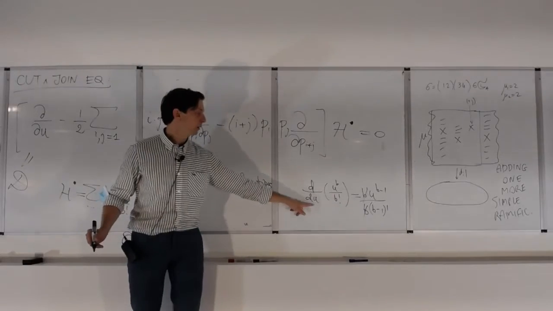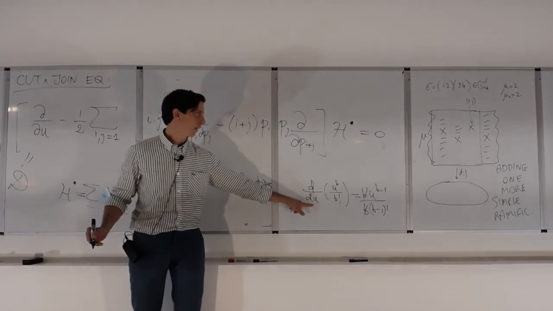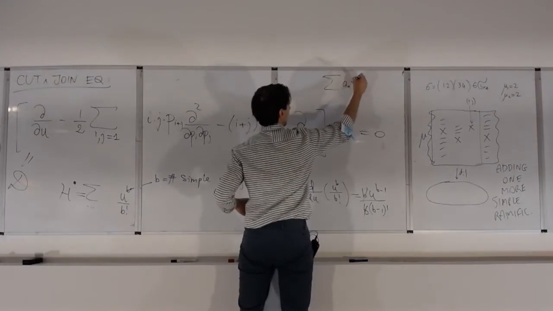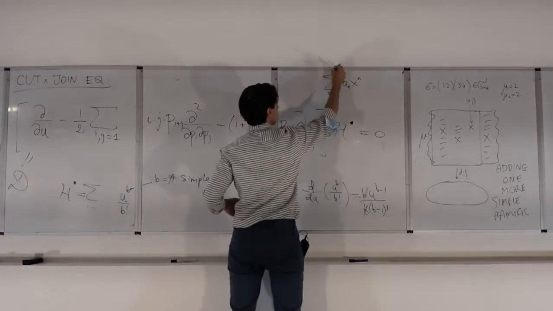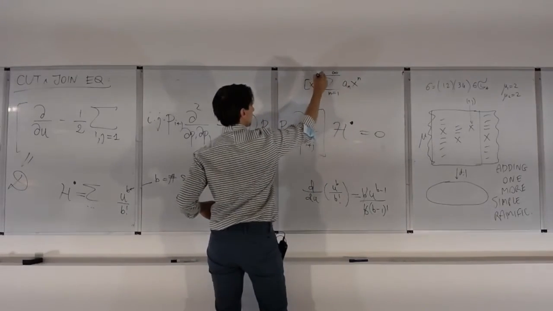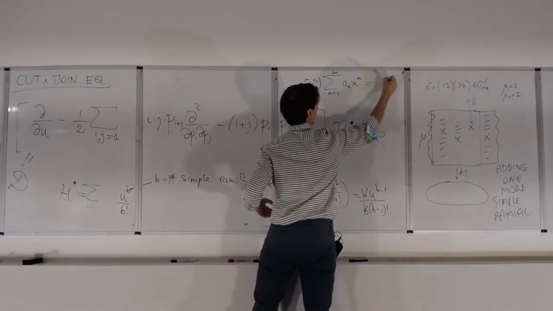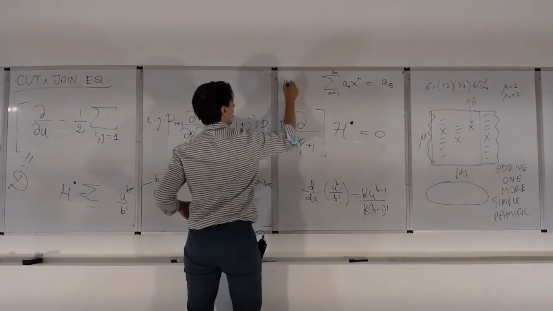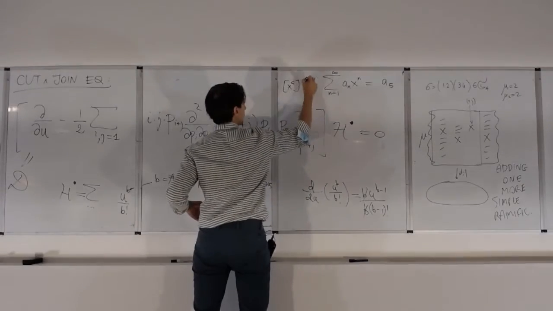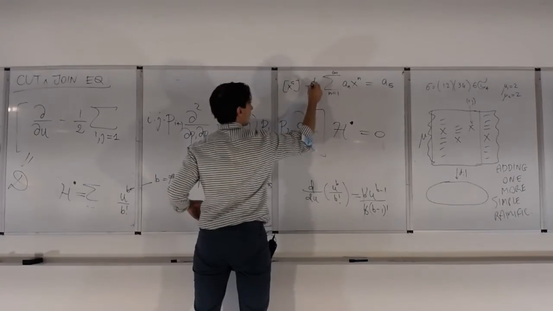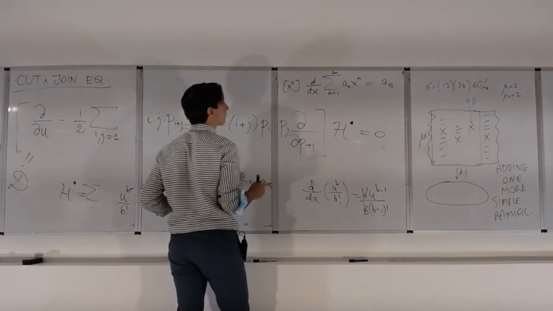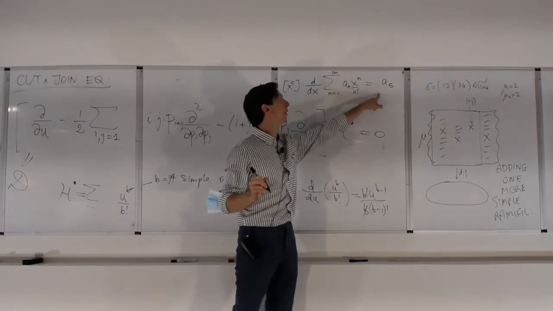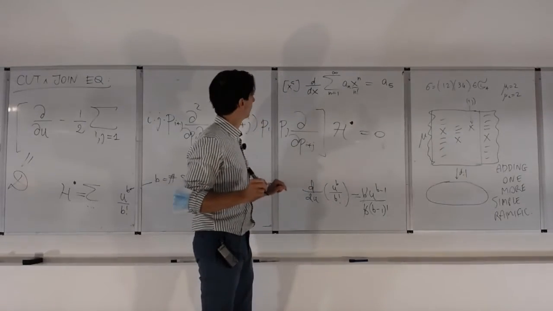And what does it mean to differentiate with respect to u? If you have a power series, a_n x to the power n, and you look for x to the power 5, then this is a_5, right? But instead, if now you look for x to the power 5 in the derivative, say with x to the n divided by n factorial, now the answer is not a_5 anymore. Now the answer is a_6.